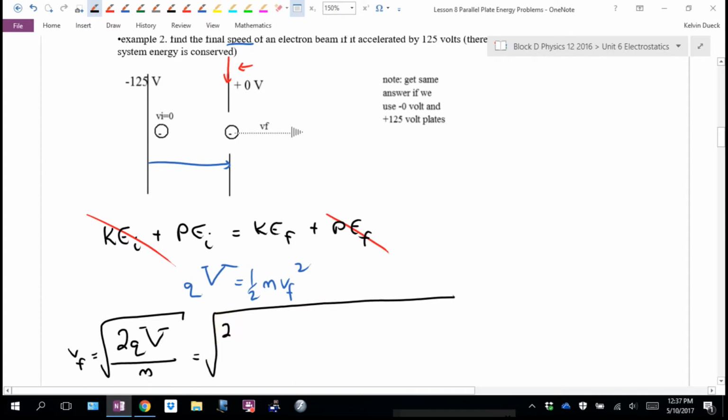They didn't tell me the charge. It's an electron. Good. You realize I've given you that. What is the charge on an electron? Luke, what's the voltage we're traveling through?